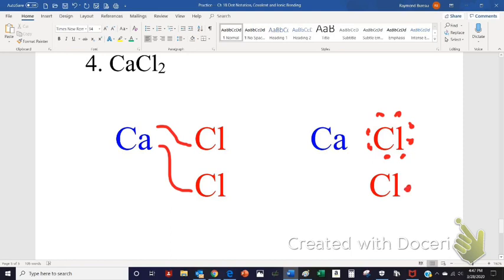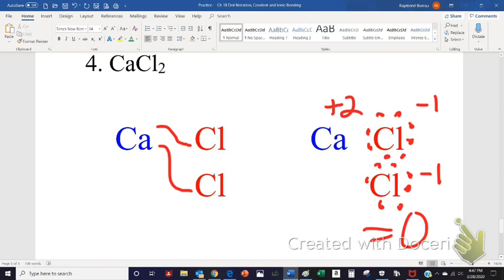So that second chlorine atom now also has all 8 of its valence electrons. All right, calcium just gave away 2 electrons, so it's +2. The top chlorine just took 1 electron, so it's -1, and the same with the other chlorine atom. So we now have a +2, -1, and -1. We get 0, so we know we did this right.